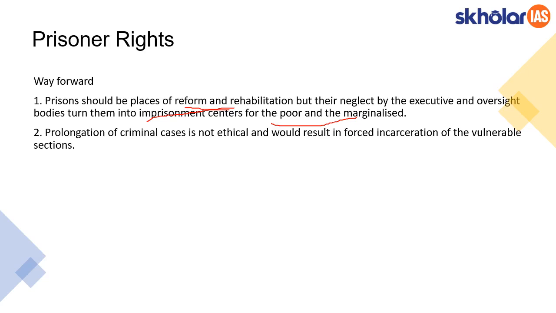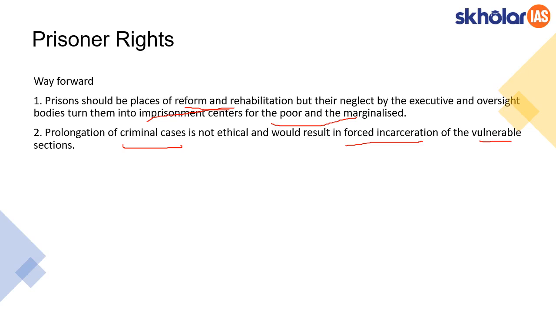And also, when under trials increase, that is, when the prolongation of criminal cases happens, it basically deprives the person of his rights. And it is not ethical as well. So what happens is there is a forced incarceration, either intentionally or unintentionally. This forced incarceration happens, and specifically the vulnerable sections get affected the most.